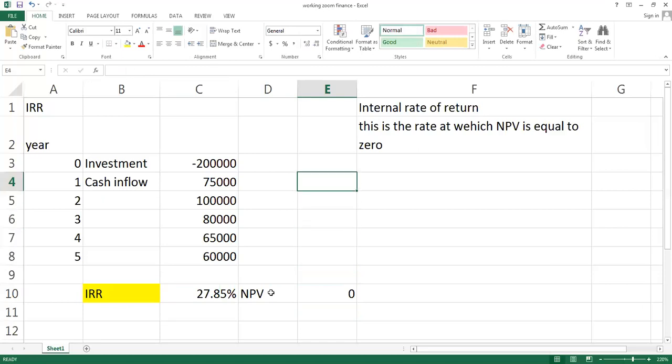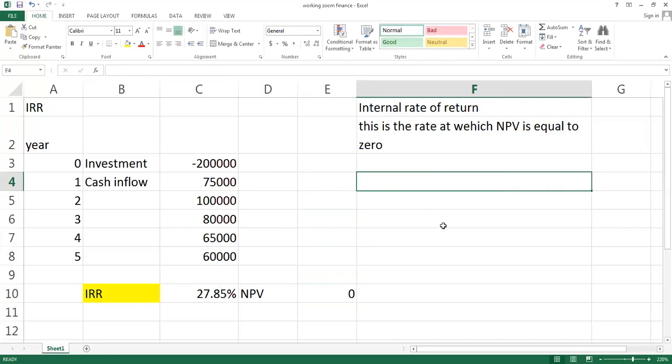The second thing which is important for you to understand, and this is the concept which will be required for your practice. For example, just assume that WACC is 20%.